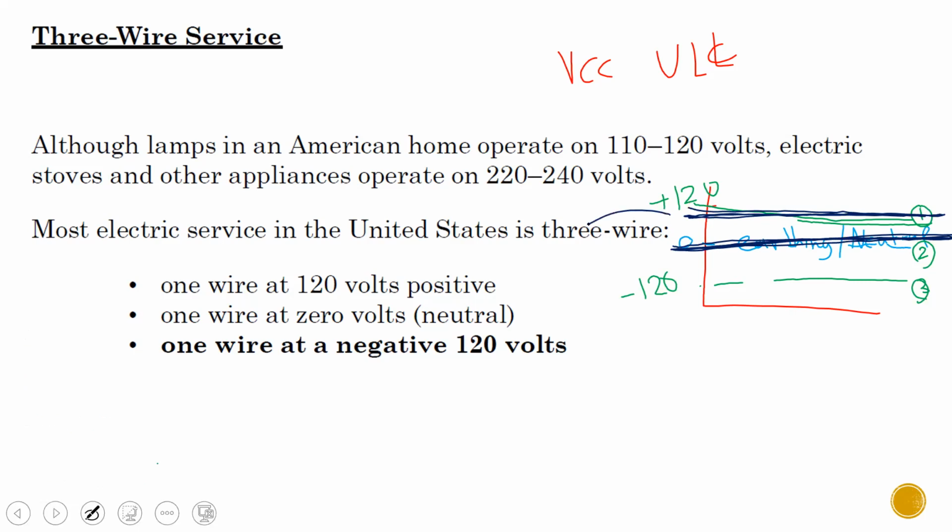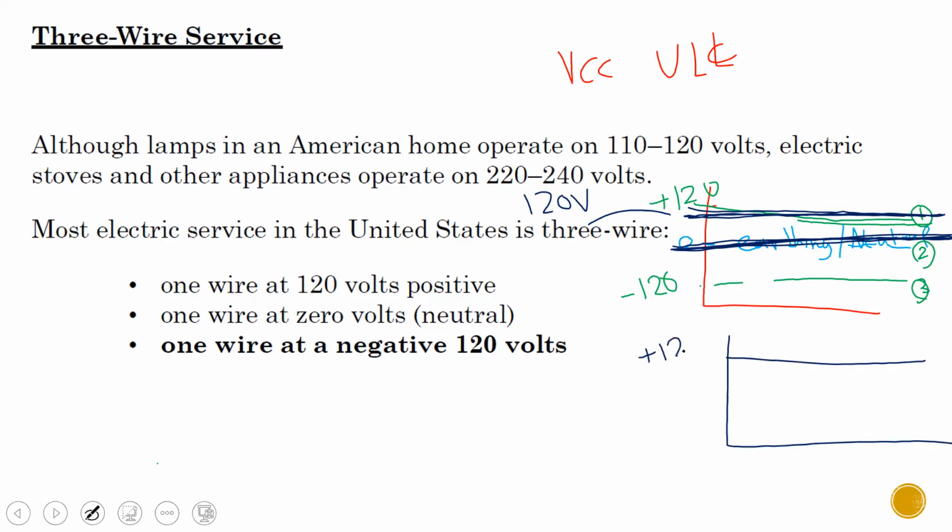So they get 120 volts. If a fridge works on 120, they use the positive 120 with the neutral to get 120 volts. If there's another one, it works on 240.